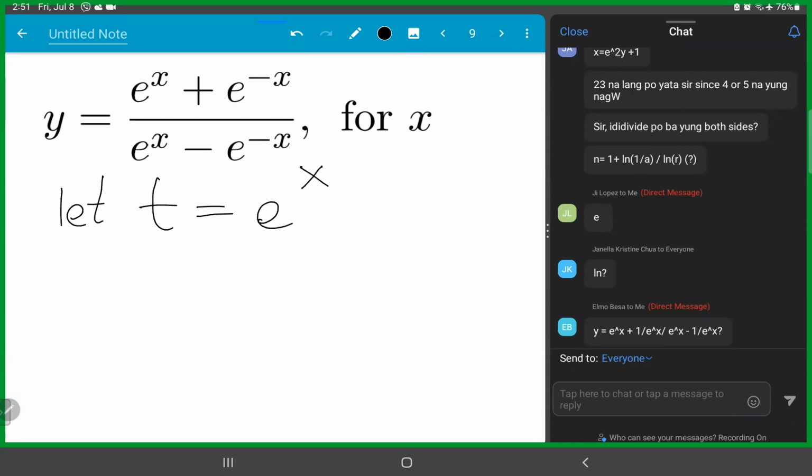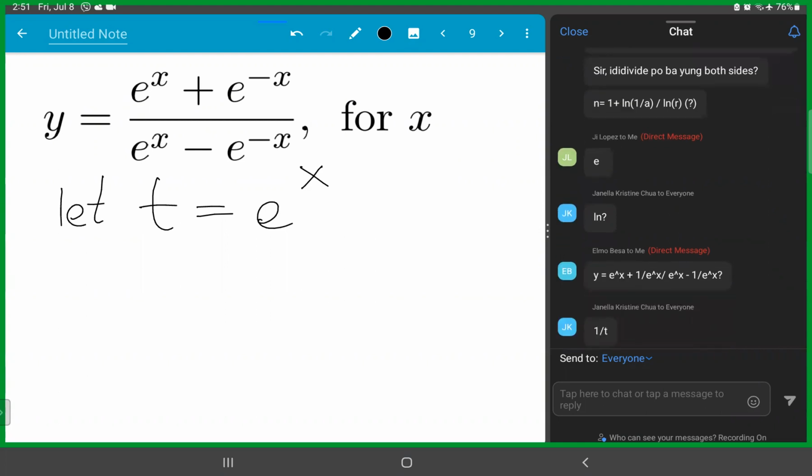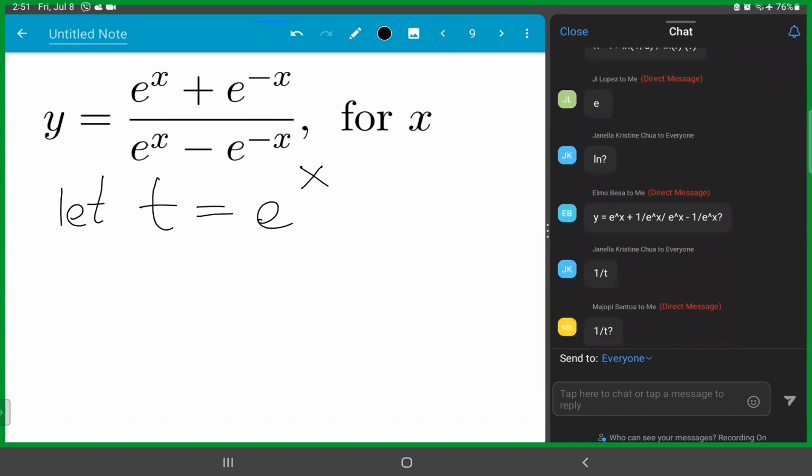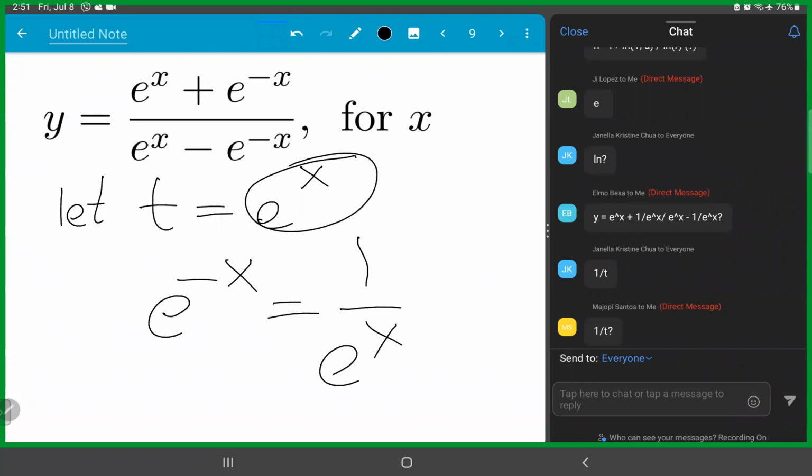But before we rewrite in terms of t, can you tell me how to express e to the negative x in terms of t? Right, I taught that in previous lectures. e to the negative x is 1 over e to the x, and e to the x we designated as t. So 1 over t.